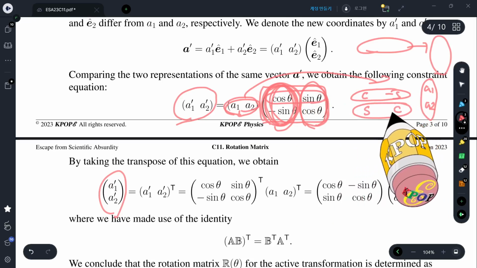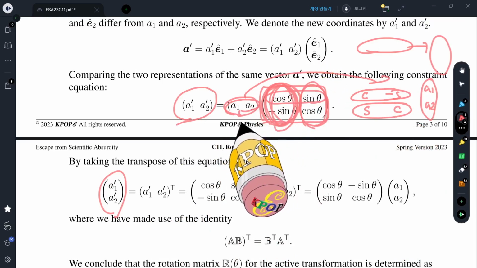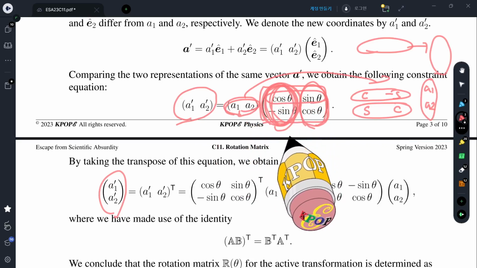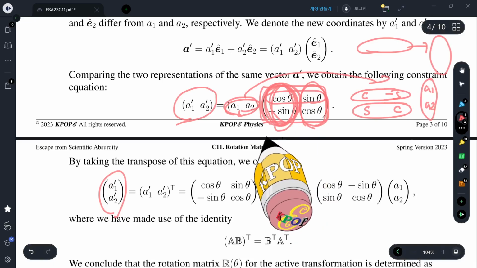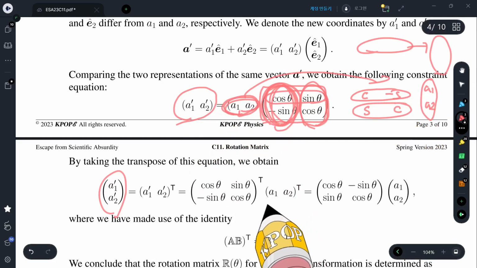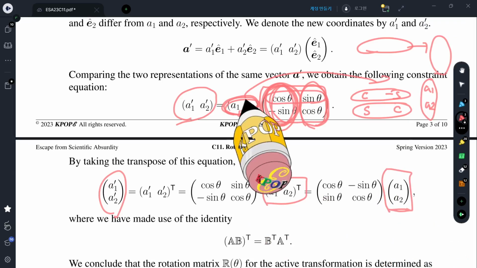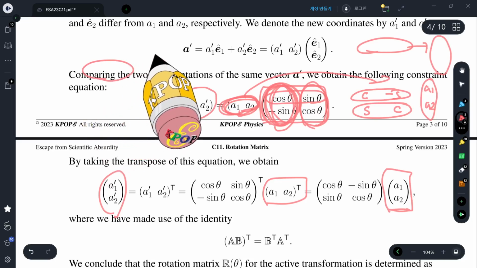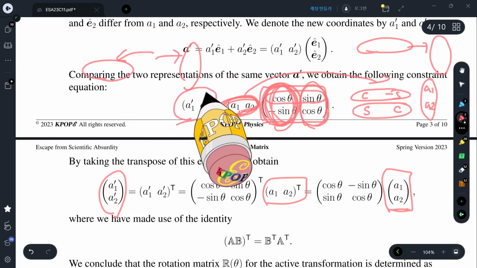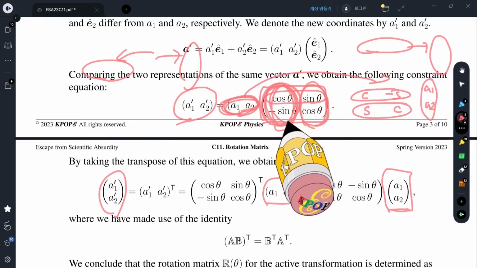So if I apply the transpose, that is, convert the row to a column and the column into a row, what I need to do is take the transpose and attach it to the right hand side. The reason is that the row is multiplied only on the left, and a column is multiplied on the right. That's the reason why the order of multiplication is exchanged.